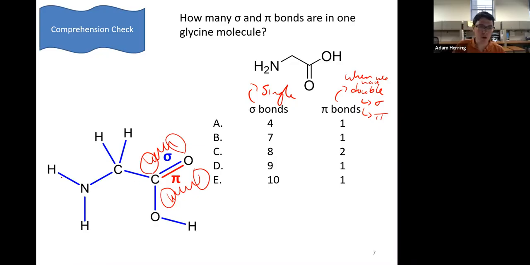So we have a total of 1, 2, 3, 4, 5, 6, 7, 8 sigma bonds. Oh, I've miscounted. 1, 2, 3, 4, 5, 6, 7, 8, 9 sigma bonds, and 1 pi bond.